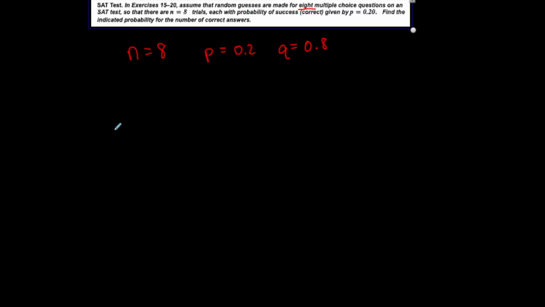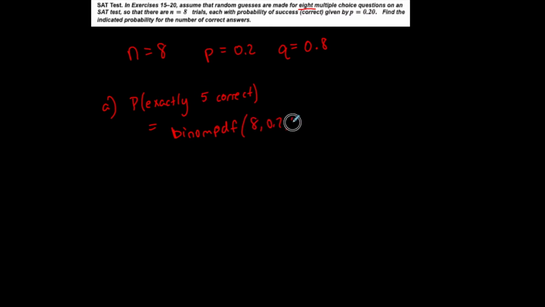Find the indicated probability for the number of correct answers. Let's call this A. Find the probability of getting exactly 5 correct out of the 8 total. So this is a binom PDF case where N is 8, P is 0.2, and X is 5, right?